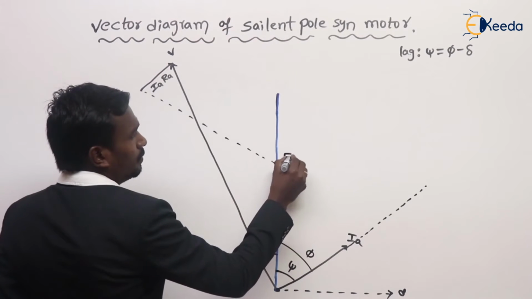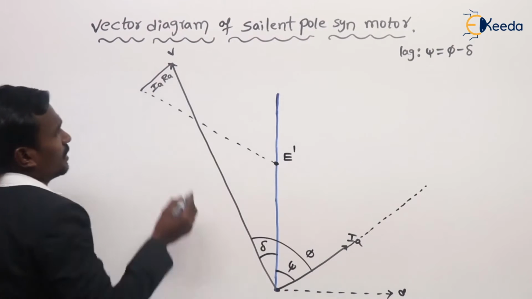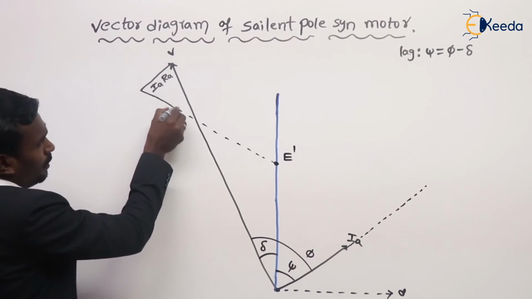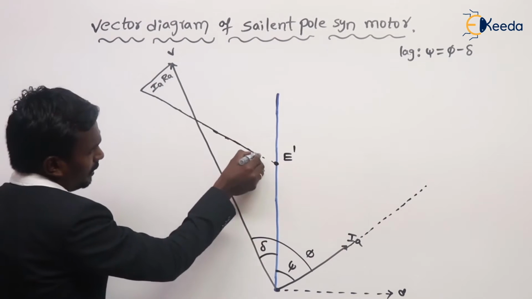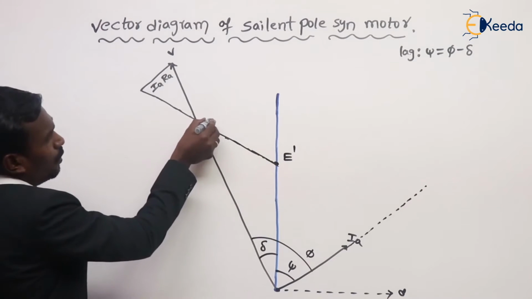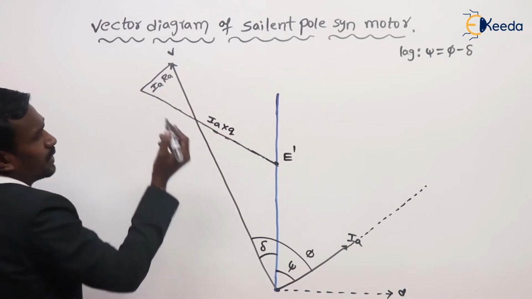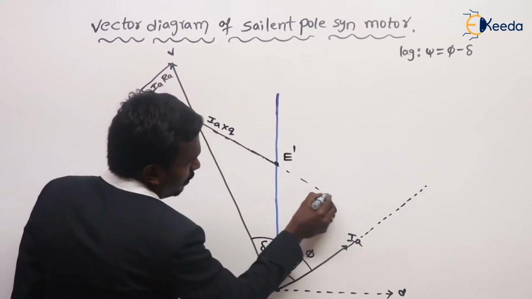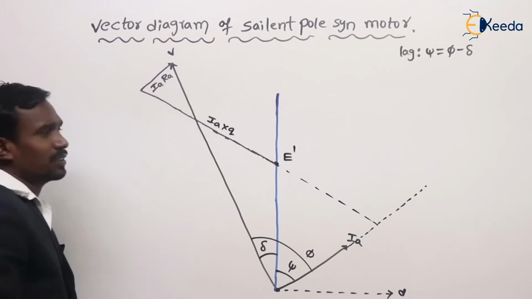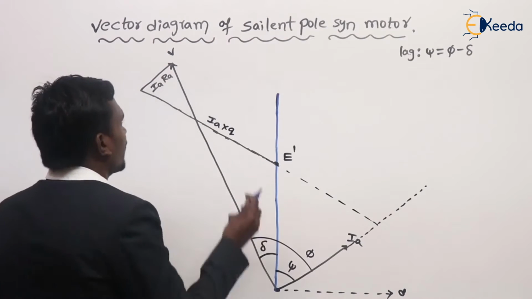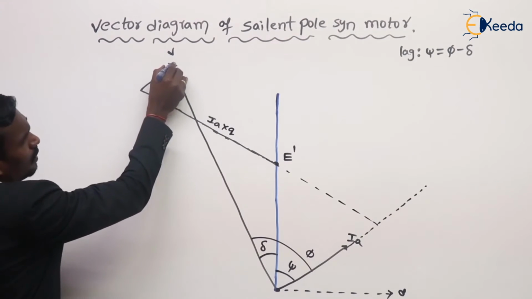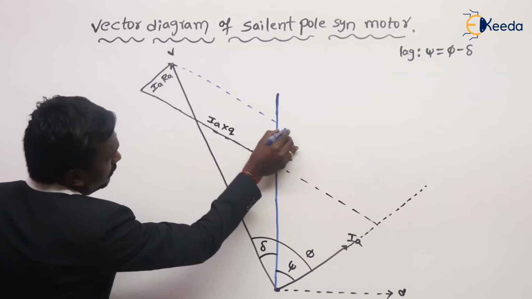For example, this is the value E dash, which is perpendicular to this IA RA. Of course, we know this is also written as IA XQ, which is perpendicular. Projection is like this, and take the next projection like this.